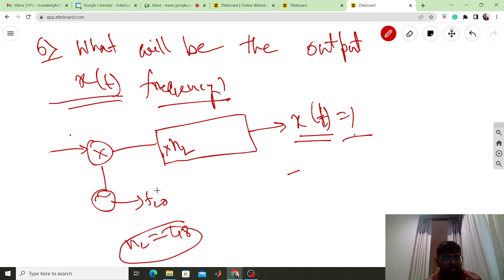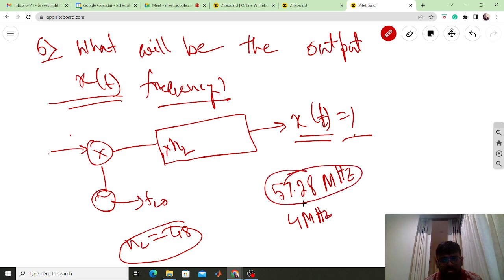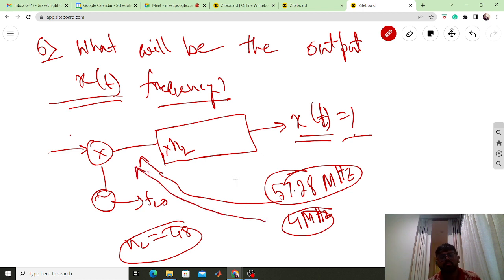And to remember the answer of the last question, the frequencies were 57.28 megahertz and 4 megahertz. These two are the output here. So the answer of this question will be pretty simple.